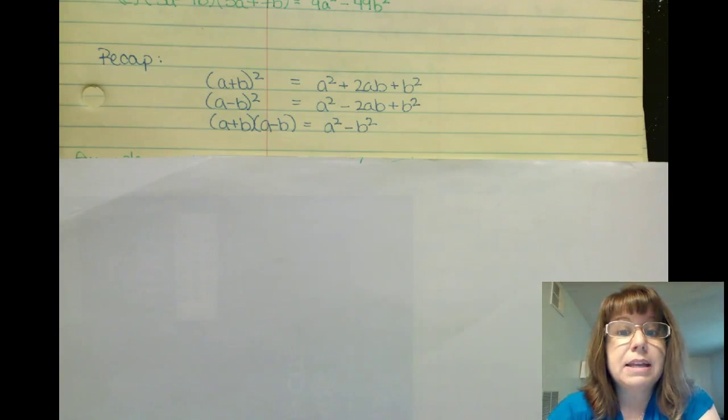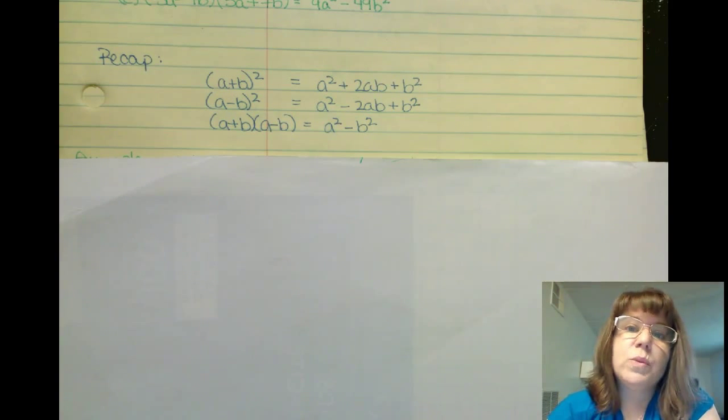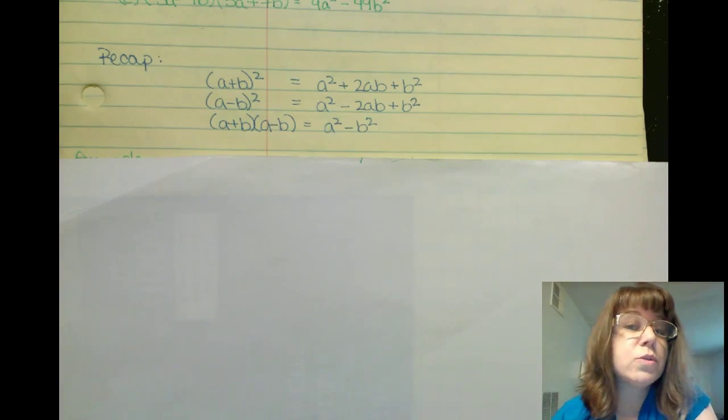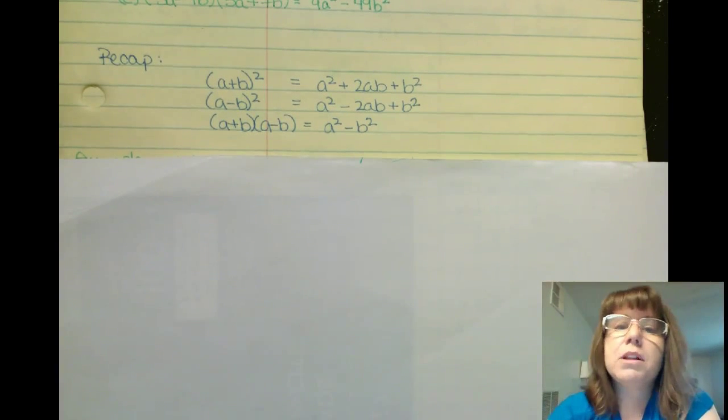So a squared minus 2ab plus b squared. And then when the signs are different and everything else is the same, then a plus b quantity times a minus b will end up with a squared minus b squared. So if you know those 3 rules, multiplying polynomials will go much quicker.